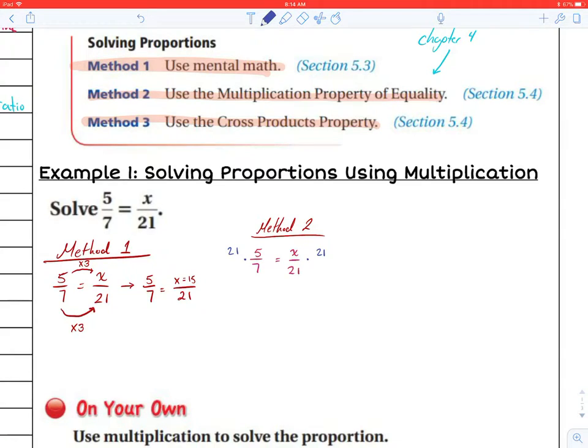If we thought about this as an equation from chapter 4, we would say that x divided by 21 is equal to 5/7. So if x is being divided by 21, then we would multiply by 21 on both sides in order to cancel out the division, because 21 over 21 gives you just that imaginary 1 next to x.